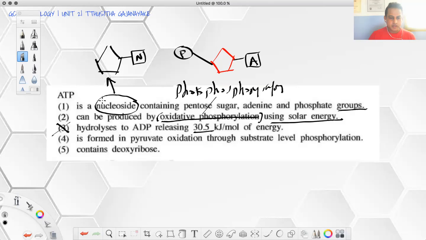I think there's a small spelling mistake here. It should be hydrolysis. If I remember, it was directly taken from this question from the exam paper, so they have a small printing mistake in the exam paper.